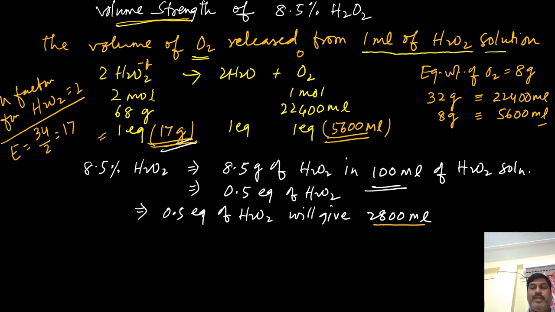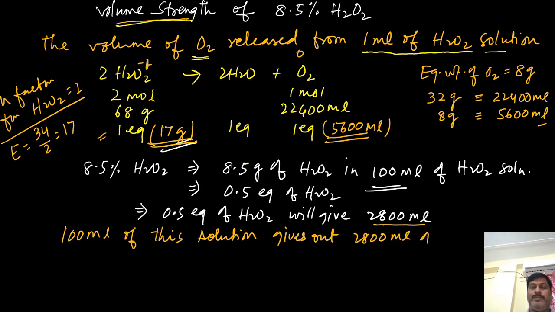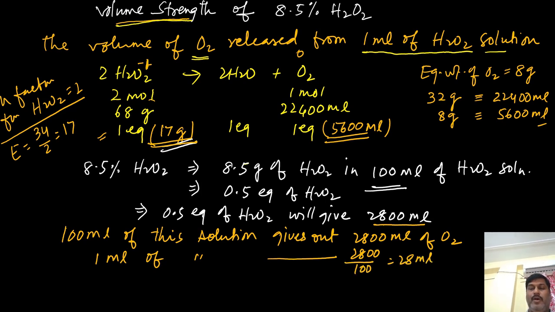Clear? So we can say that 100 ml of the given solution gives out 2800 ml of O2, then 1 ml of this solution will give how much? 2800 divided by 100 is equal to 28 ml of O2.